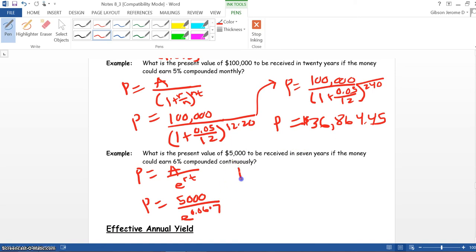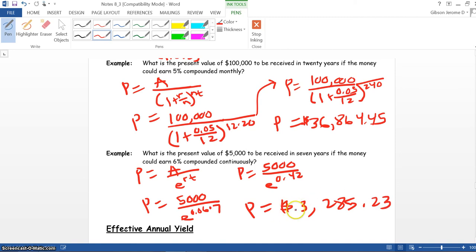So now we will have P is equal to 5,000 divided by E to the 0.42. Now what we need to do with this problem here, we need to put it in our calculator, and we will have P is equal to $3,285.23, and that will be our present value of the money.